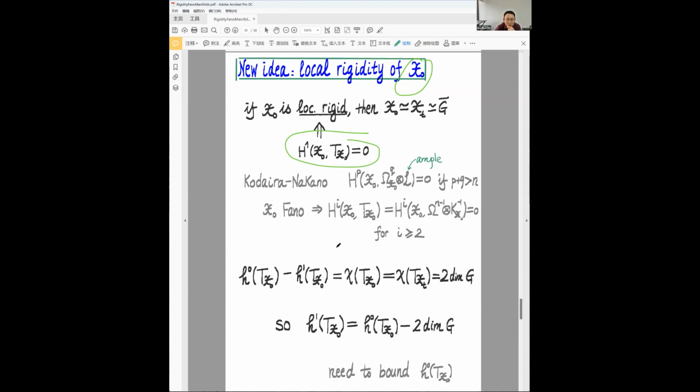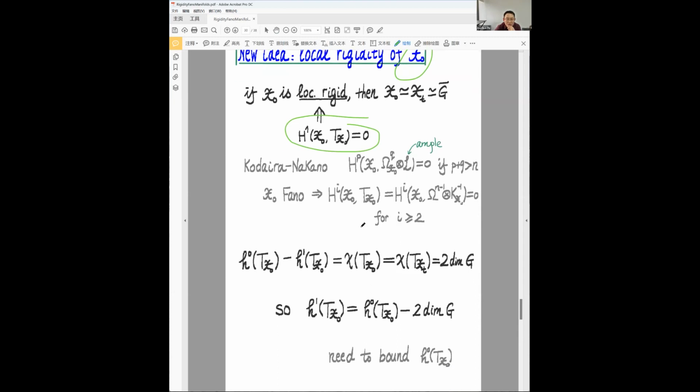To show the vanishing of this, we use that the central fiber itself is Fano. Since it's Fano, you have many vanishings of higher cohomology. What's remaining is just H0 and H1. So H0 minus H1 gives you the Euler characteristic of the tangent bundle, which is the same as for the nearby fibers.